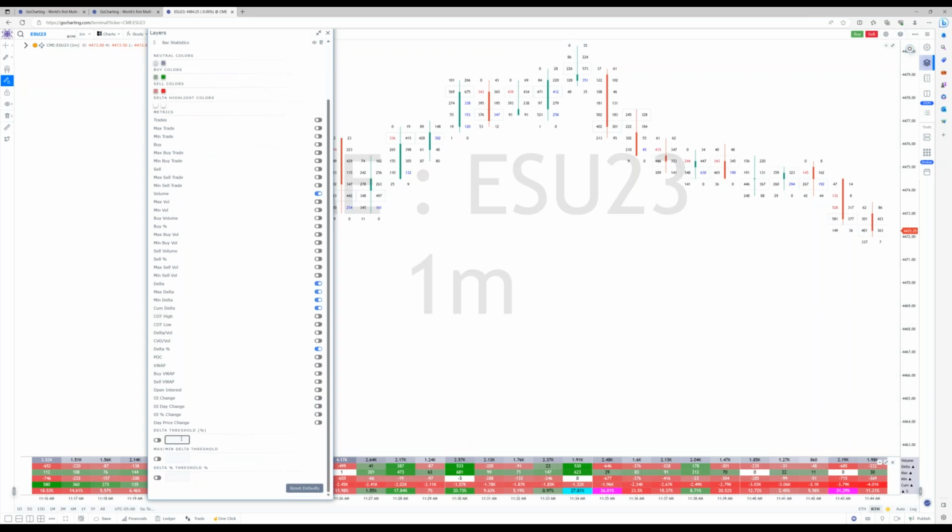Delta threshold, 95%. Okay, so you can see here it changed color, right? It's just normal red for negative delta, green for positive delta. But if the delta closes near its max delta or min delta, I want to know that, okay?